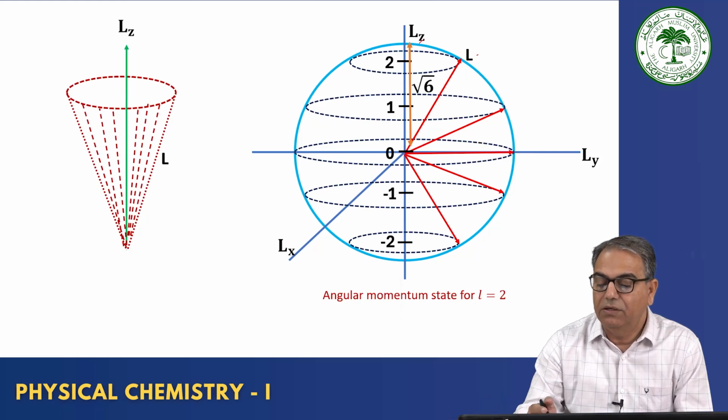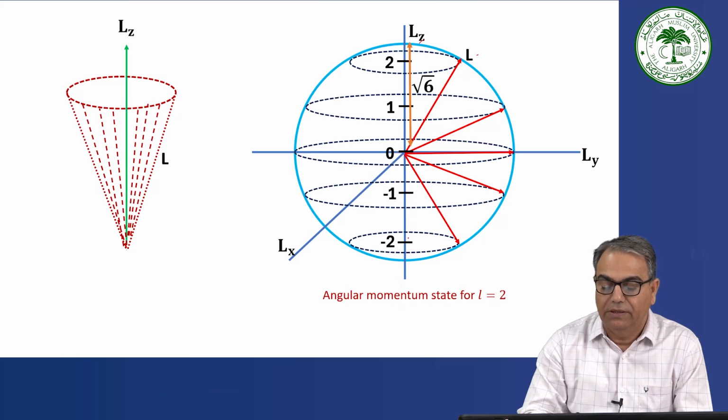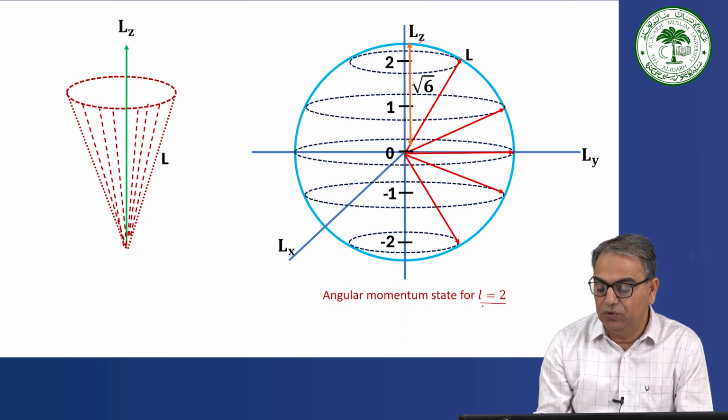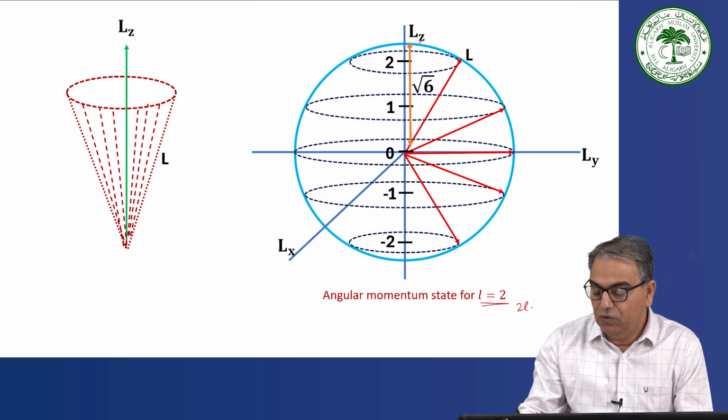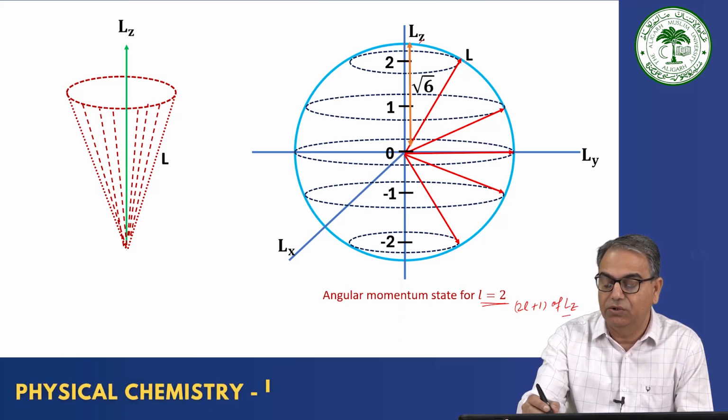So how many lines do you have? 1, 2, 3, 4 and 5 for a value of L equal to 2, so plus 2, plus 1, 0, minus 1 and minus 2. Lz is along this direction, and for L equal to 2 you will have 2L plus 1 values of Lz. It's not written here, but you can calculate the magnitudes also.